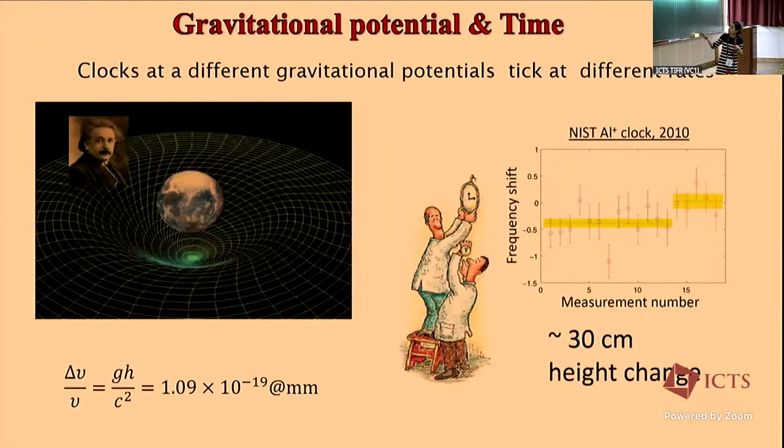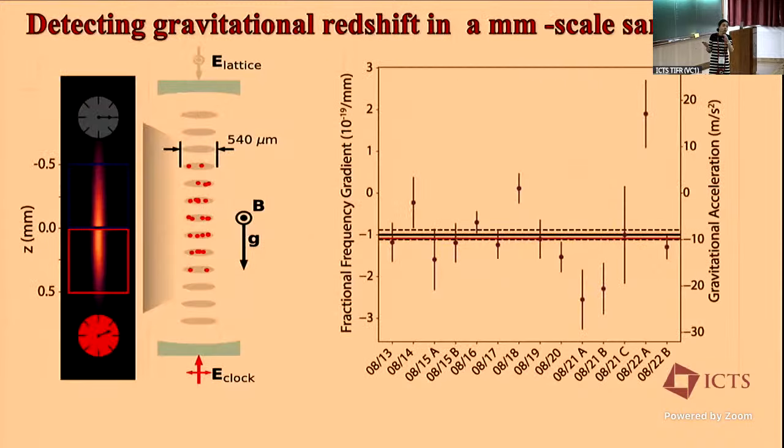Prior experiments operating with ion clocks were able to measure the redshift at the order of 30 centimeters. But now, thanks to the longer coherence time, we were able to keep track of the ticking between the two parts of the clock and observe that they were ticking at a different rate that matches exactly the 10 to the minus 19 at a millimeter distance.